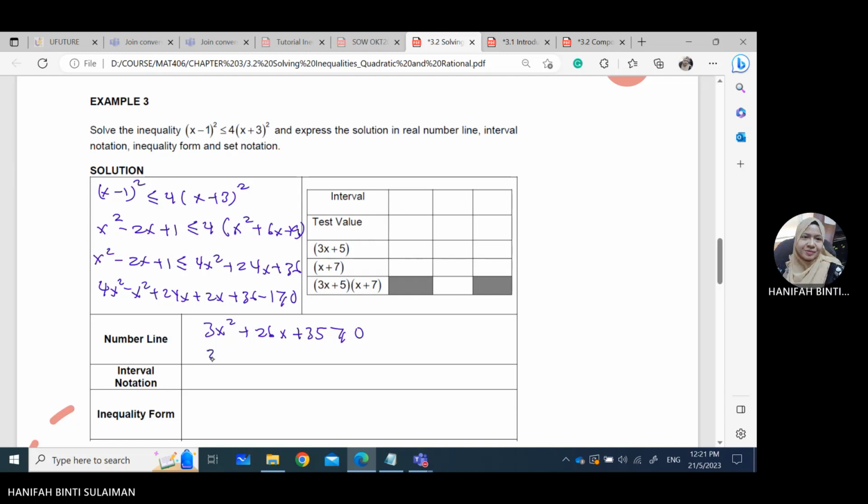Okay. This one 7, 5. 35 ni you faktorkan dia jadi 7 darab 5.